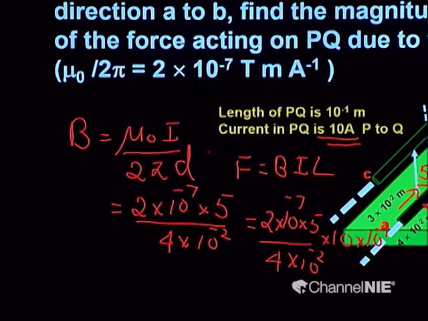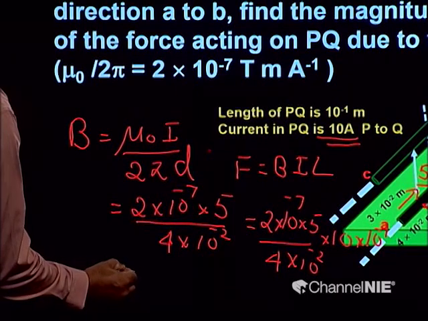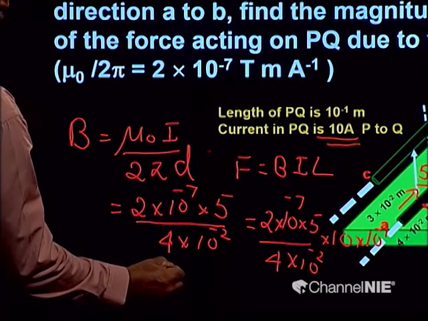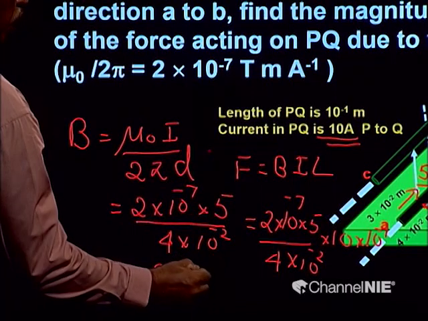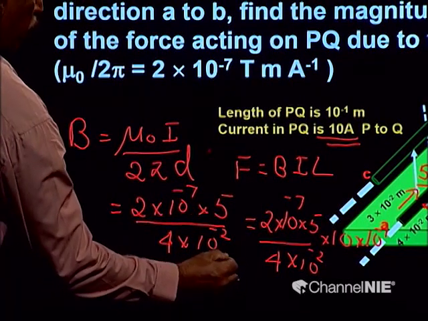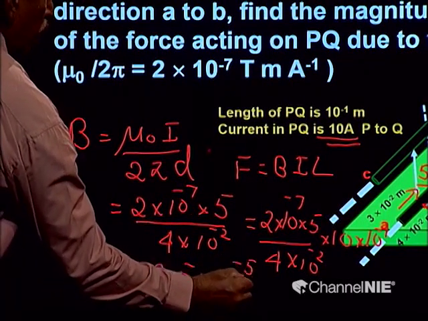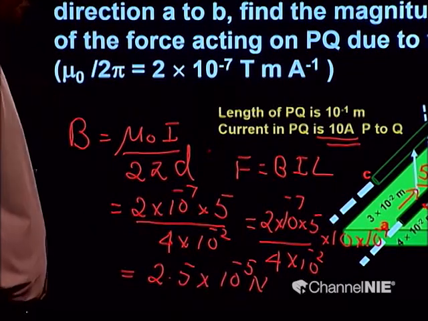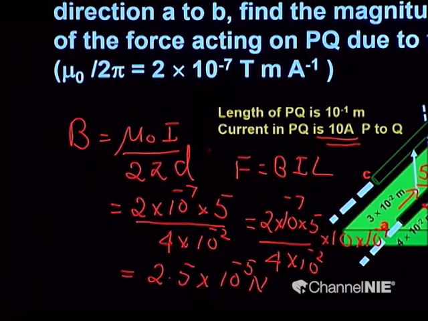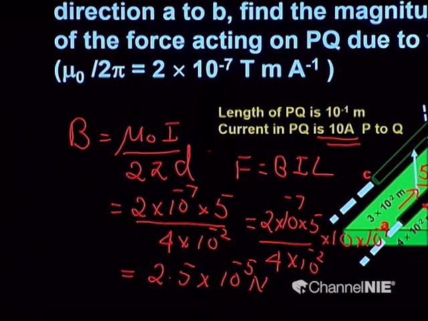You can solve this and find the final answer. The final answer comes to 2.5 into 10 to the power minus 5 Newton. Better you solve this and find the exact value. Okay.